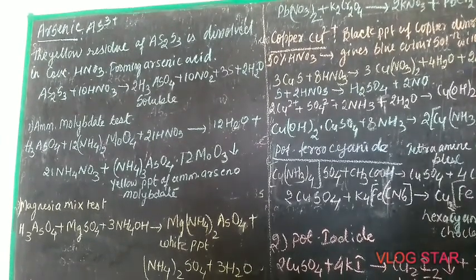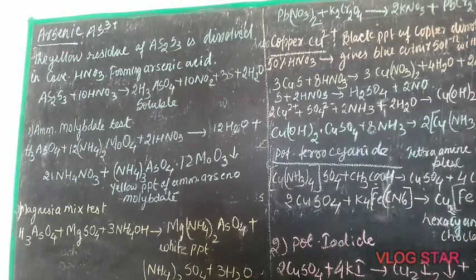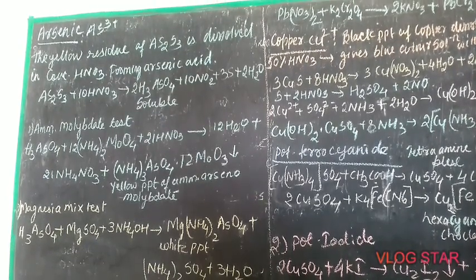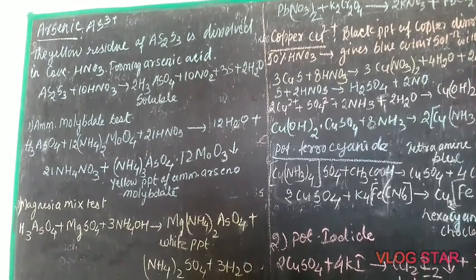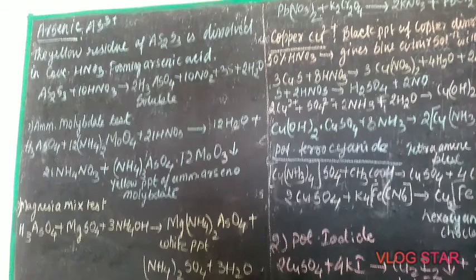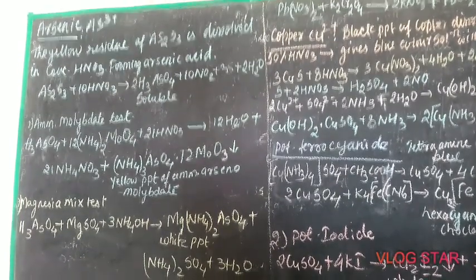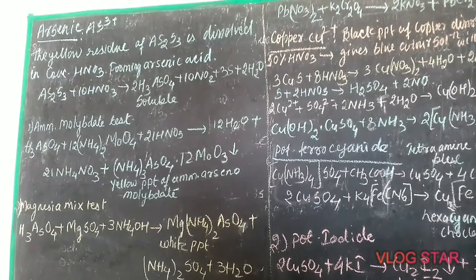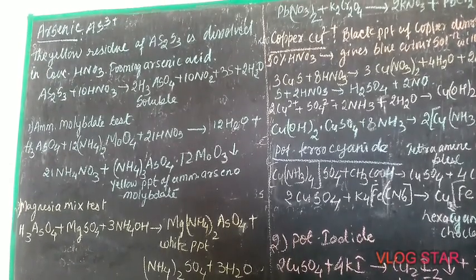Now the first, ammonium molybdate test. H3AsO4 + 12(NH4)2MoO4 + 21HNO3 gives 12H2O + 21NH4NO3 + (NH4)3AsO4.12MoO3.